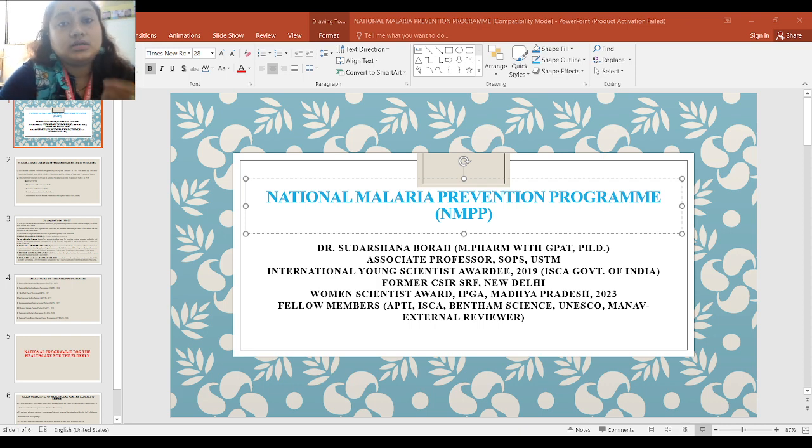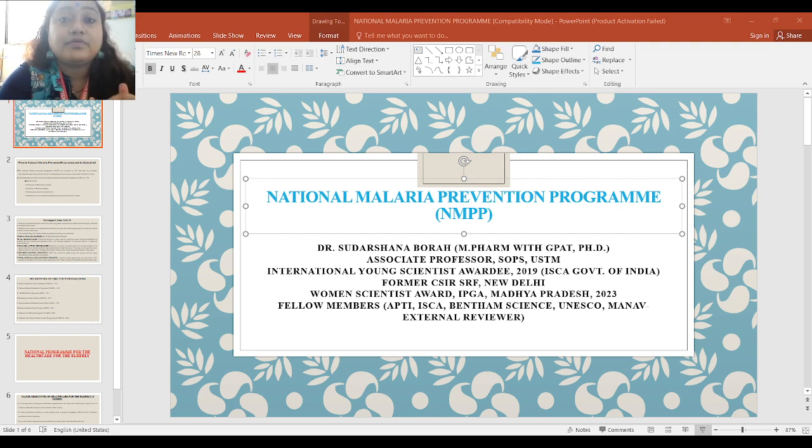How does it occur? It's very interesting actually. Initially, when the female Anopheles mosquito is healthy and it bites a healthy host, it will not transmit any kind of parasitic disease.